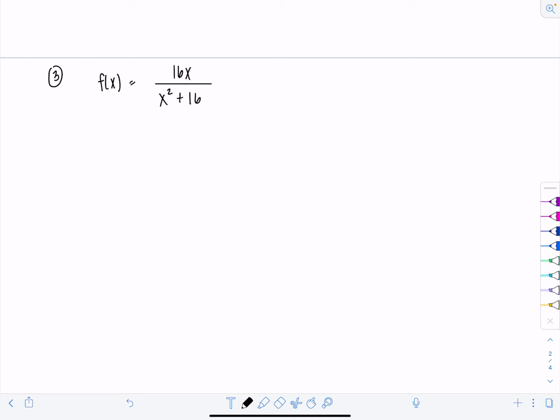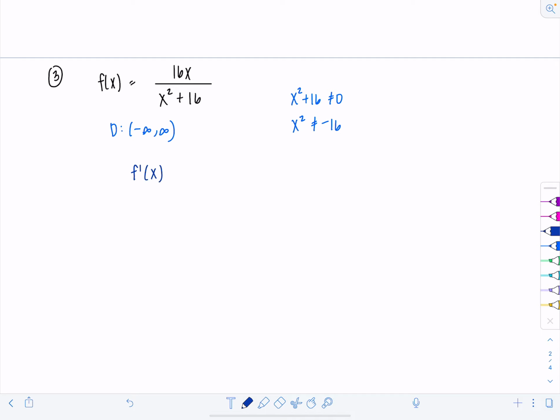Okay, so for a rational function, you just want to make sure the denominator doesn't equal 0. But if you notice, x squared plus 16, that's never going to equal 0. It only has imaginary solutions. So actually, we have no restrictions here. The domain's all real numbers. Okay, it's derivative time.